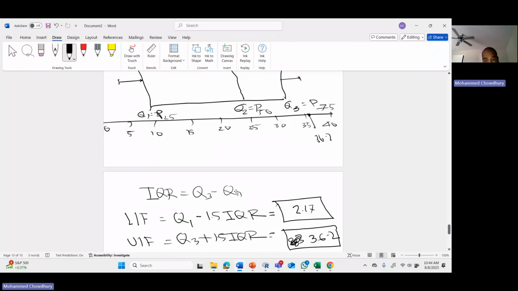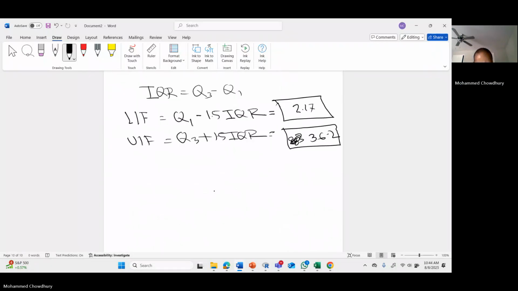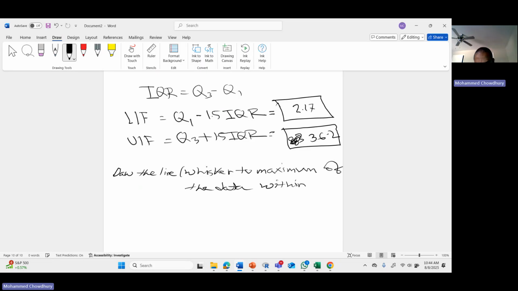Let me write these two things so that you can understand. Draw the whisker line to the maximum of the data within the upper inner fence.